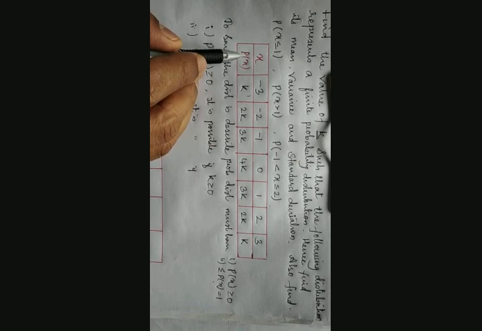Then the second one, summation of probability of x is equal to 1. Again, everything depends on k. The first condition is possible if k is positive. For the second condition, summation of px means the addition of this whole column.